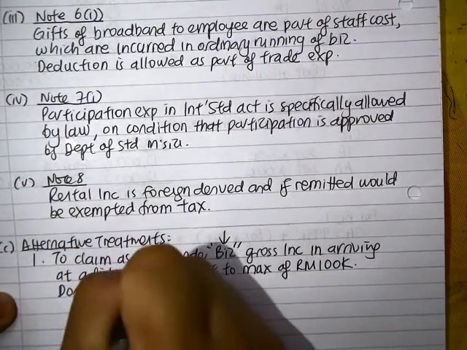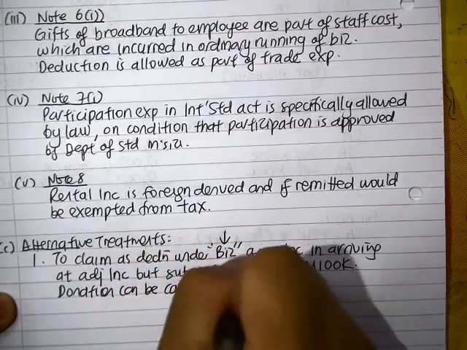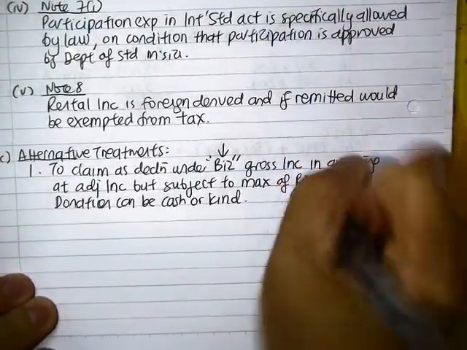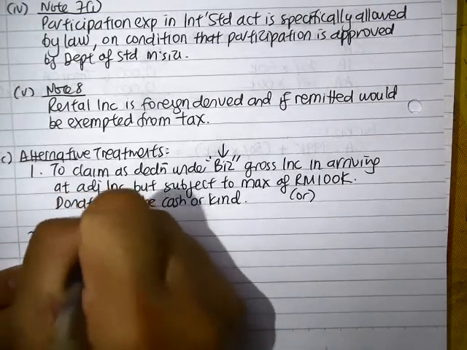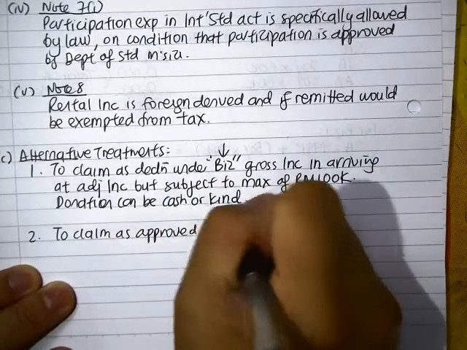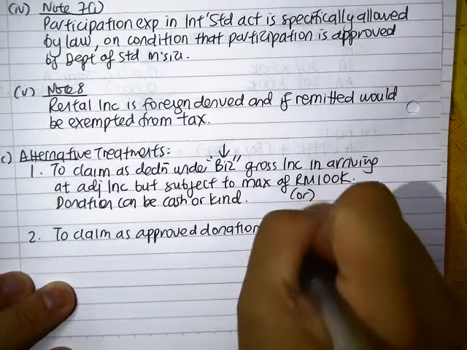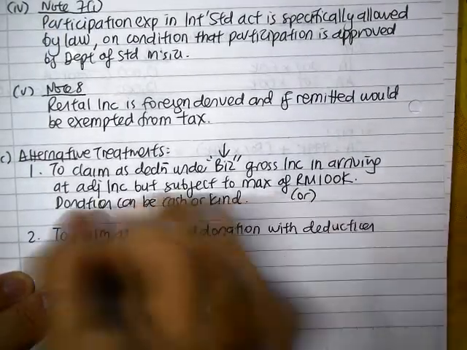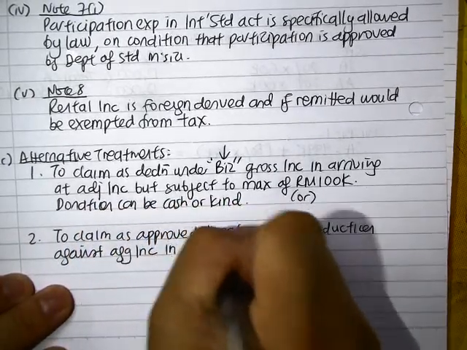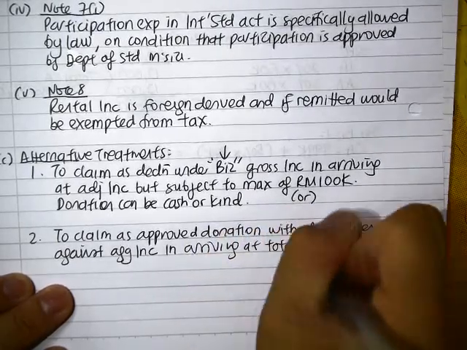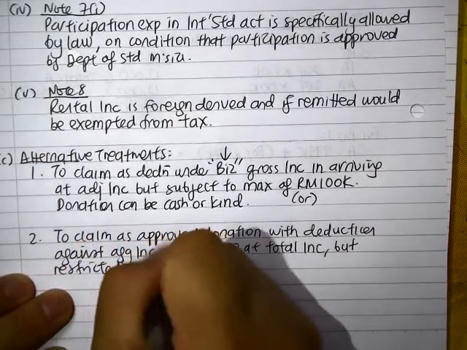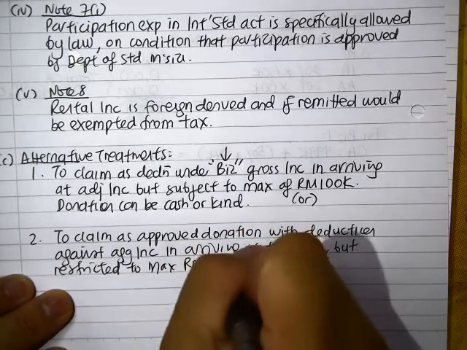And donation can be cash or kind, or to claim as approved donation with the deduction against aggregate income in arriving at total income, but restricted to maximum 20,000.